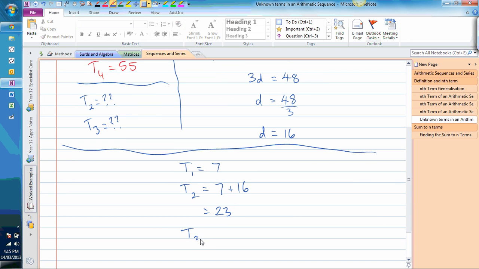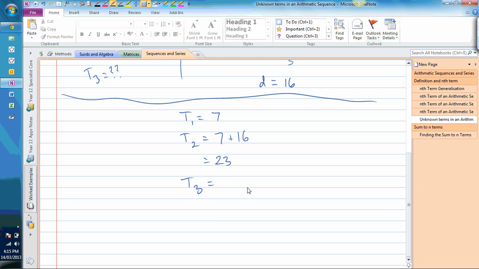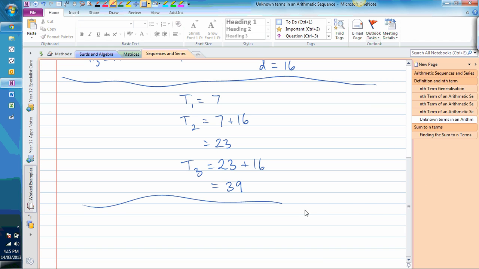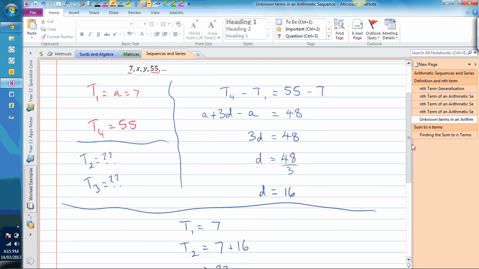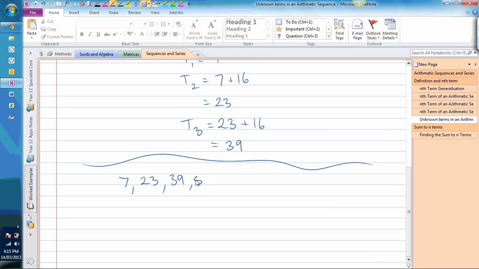And term 3 is going to be 23 plus 16, which is 39. So all in all, my sequence is going to be 7, 23, 39, and 55 was the next term, and so on.